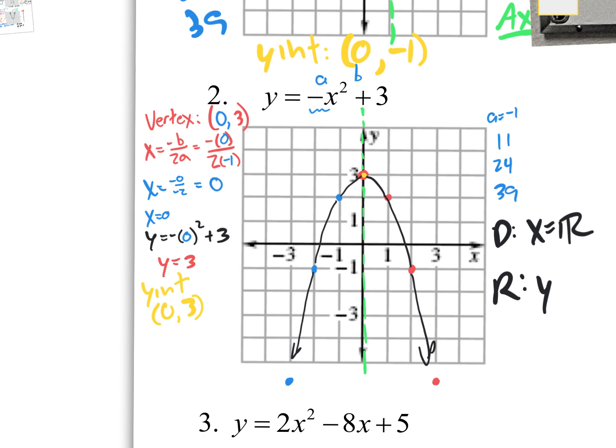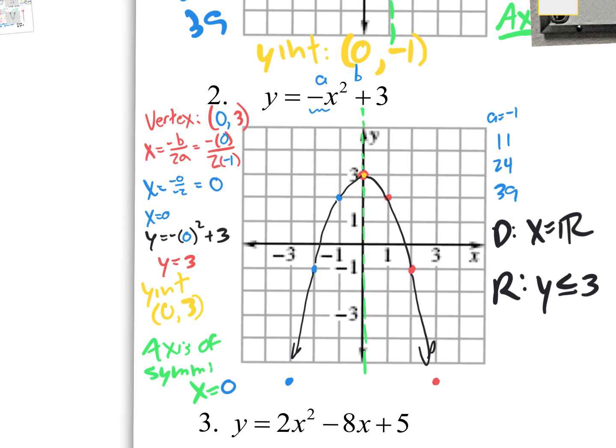So how do we state that in terms of an inequality? Y is less than or equal to positive 3. And that's about it. If I ask you for the axis of symmetry equation, that would be x equals the x value of your vertex, which happens to be 0.